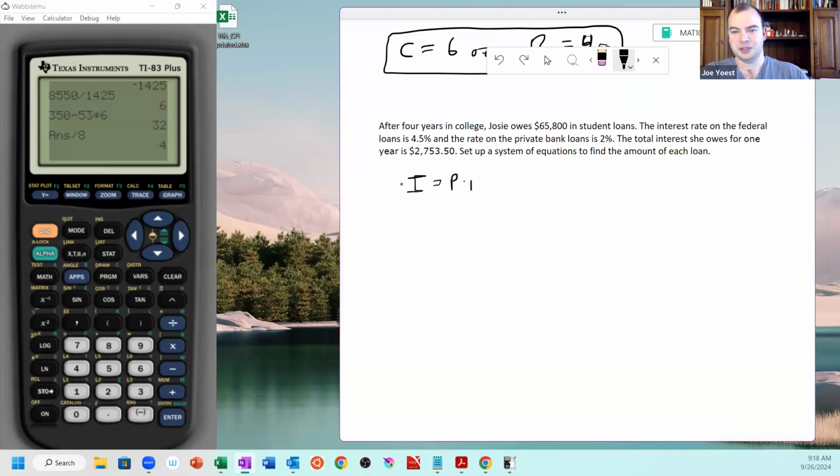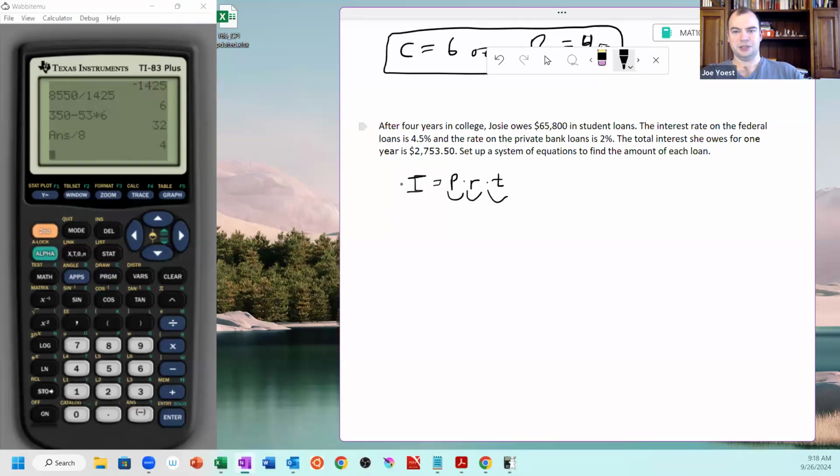OneNote just tries to be so helpful in connecting all of my lines together. So our basic formula for simple interest is I equals PRT: principal, the amount owed, times the interest rate, times the number of time periods.